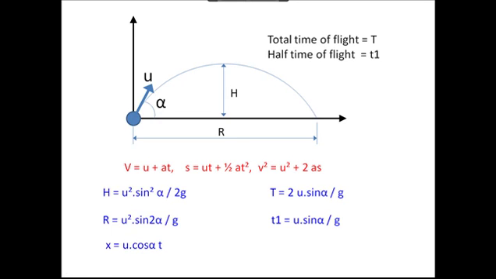And also at any point during the travel, if you want to know the projectile's position, then you have the expression for x as u cos alpha t, and you can find the expression for y, and eliminating t between these two you can come up with the relation between x and y, the xy coordinates of the projectile. Now our first objective is to derive these equations, and that's what we'll be doing in the next two slides.